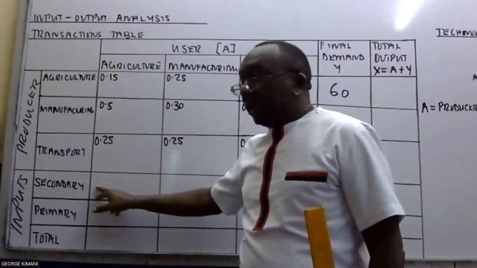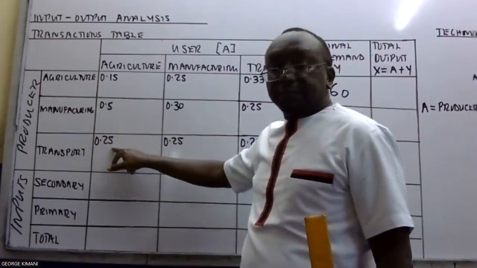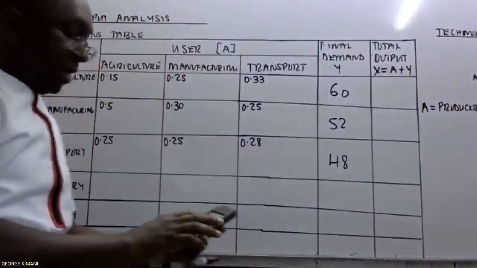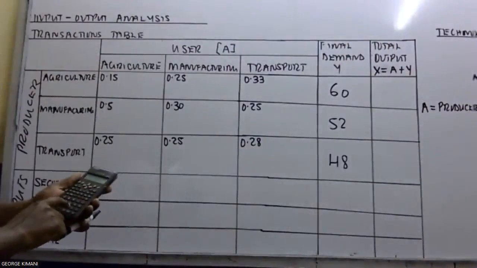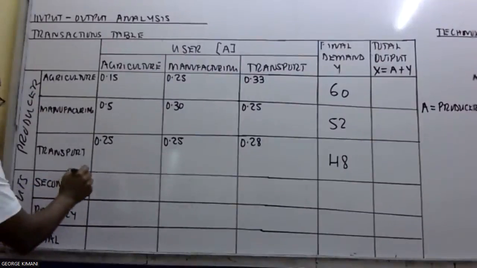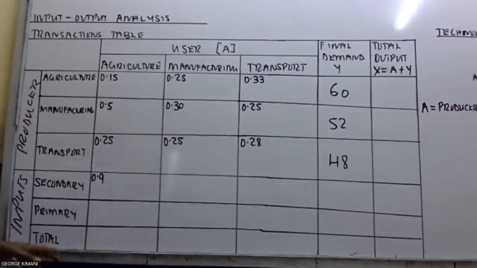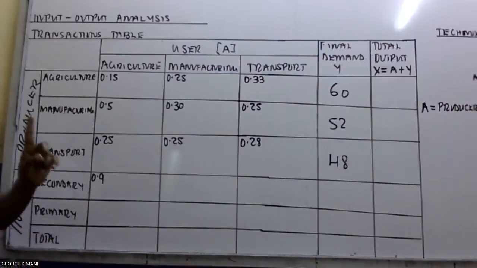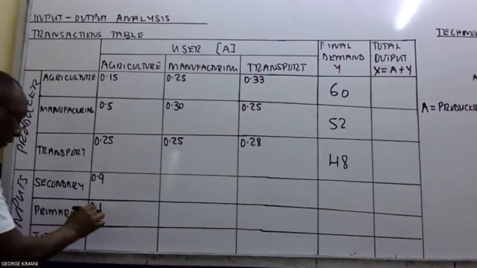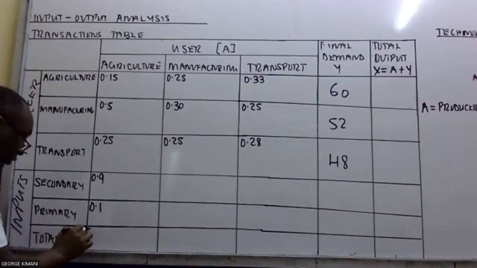So this value for secondary is this plus this plus this. Now, if you take your calculator, then see how the one comes in. 0.15 plus 0.5 plus 0.25, that is 0.9. The primary is what remains for secondary to be 1, which is 0.1. So that when I add these now, I should get 1.